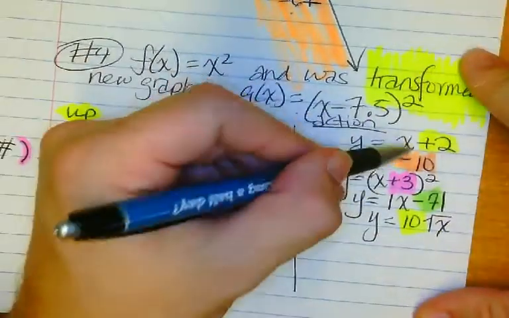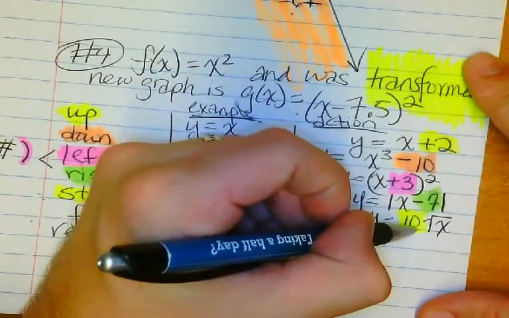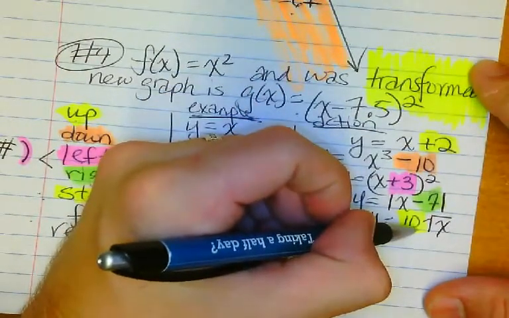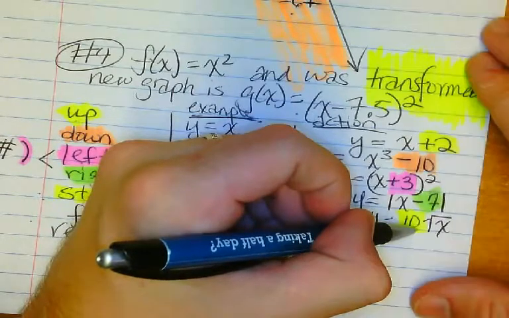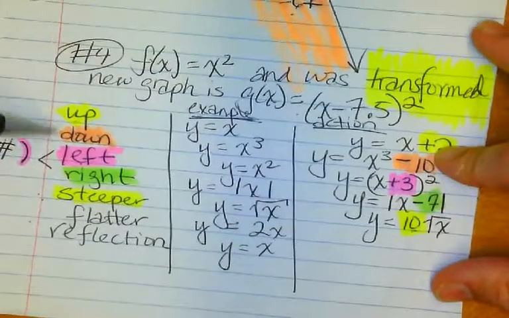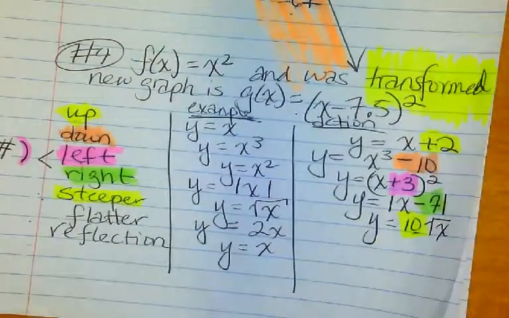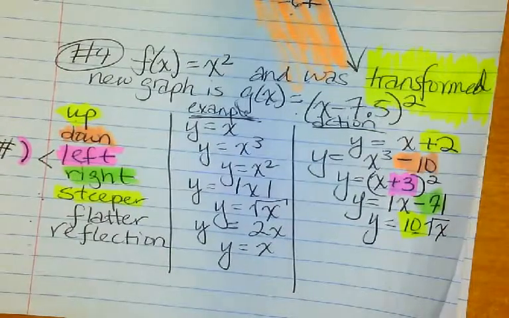We're now talking about not multiplication. Right, we switched operations. Up here, up, down, left, and right, we're talking about addition and subtraction. But now, all of a sudden, we're talking about steepness.